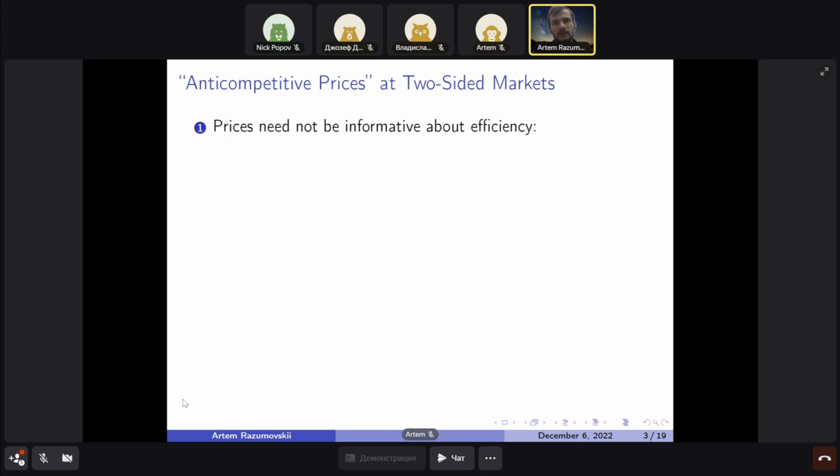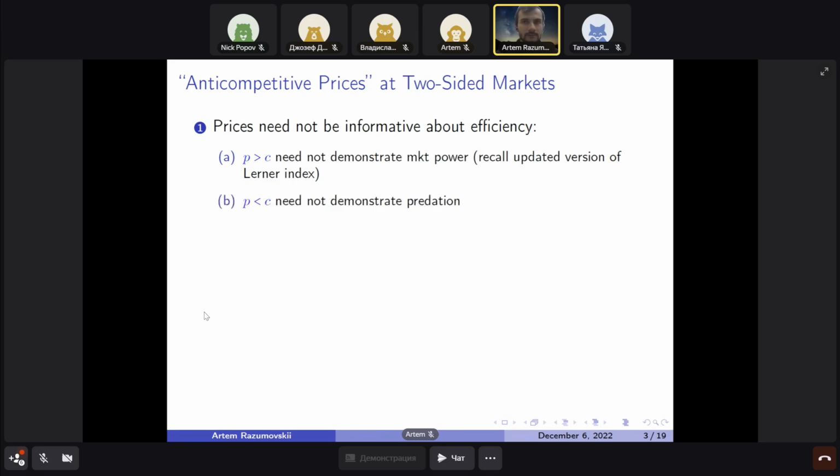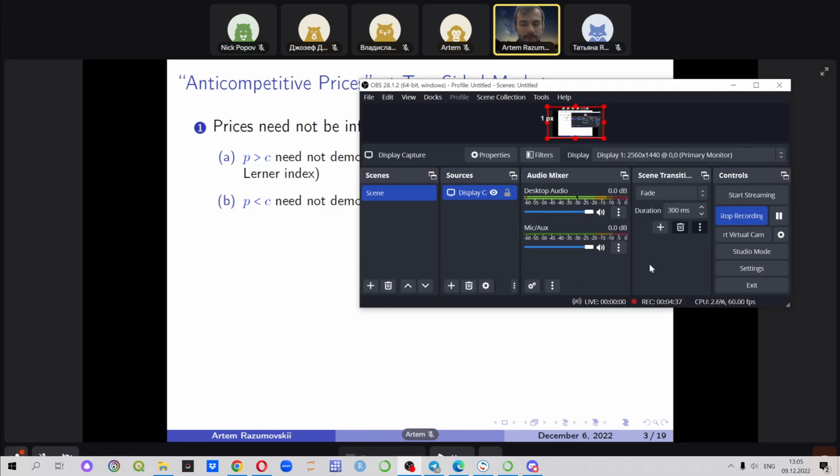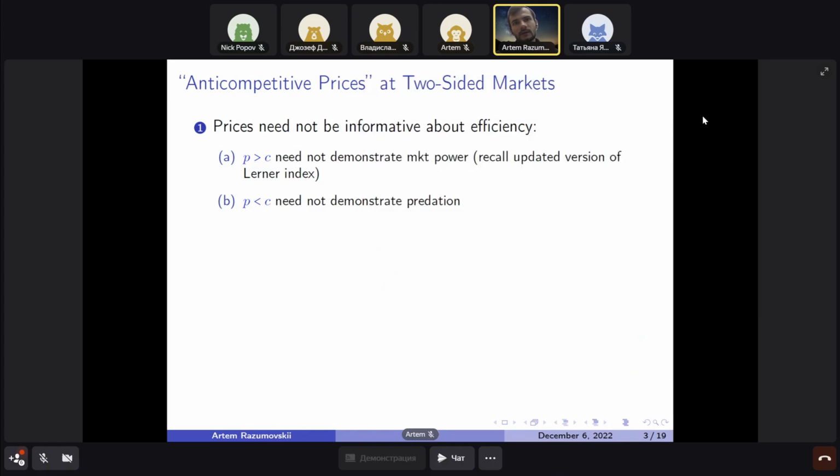Then we saw that prices need not be informative about efficiency, right? Because what we normally do is compare the price with marginal costs. Now we saw that price can be higher or lower than marginal costs, according to the network effects and network externalities.